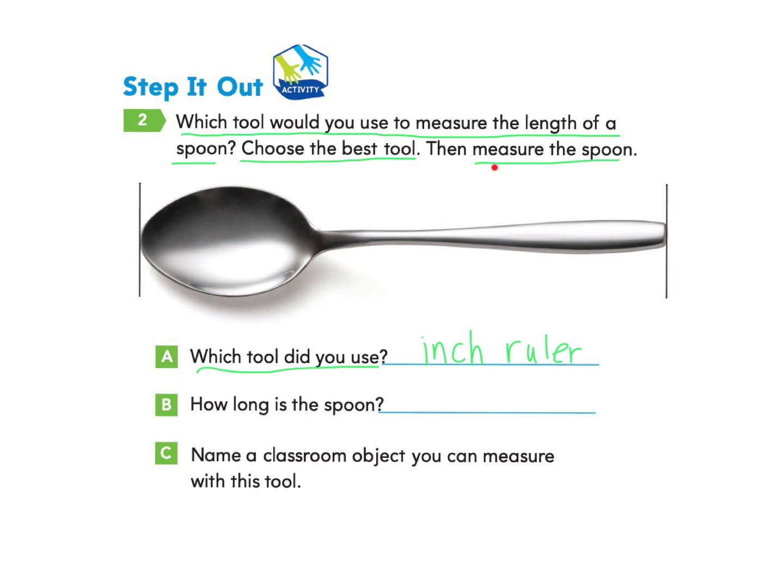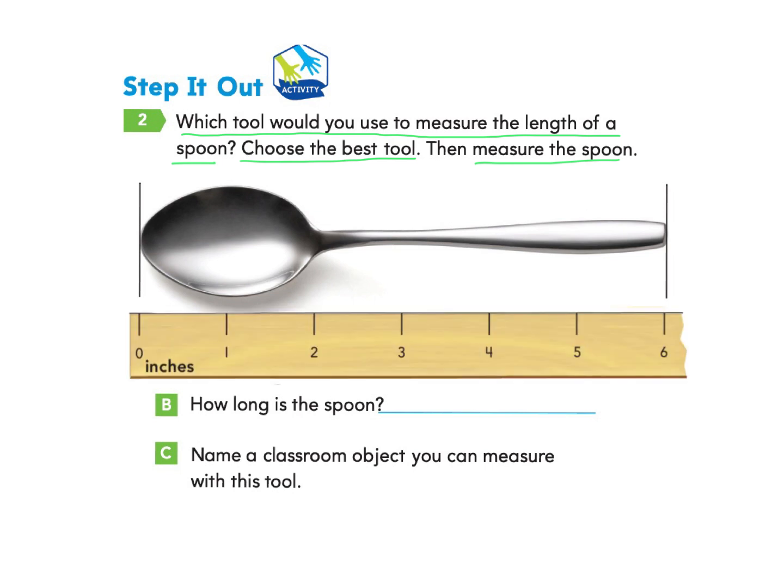So now it's time for us to measure the spoon. We'll need our inch ruler. If you would like to pause and get your inch ruler, you can go ahead and measure the spoon in your book and then check your answer with me, or you can follow along. I'm going to take my inch ruler and line it up right to the line here where the 0 mark starts.